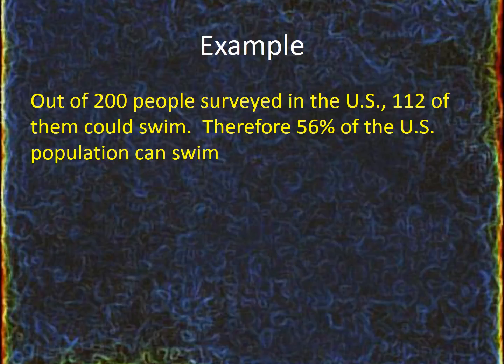It might be a very bad induction if I only ask people on the West Coast. People living on the coastline of California, for example, probably go to the beach a lot and are probably more likely to know how to swim than people who live in the middle of the country. So it all depends on whether or not you have a good sample. That's something to be careful of.